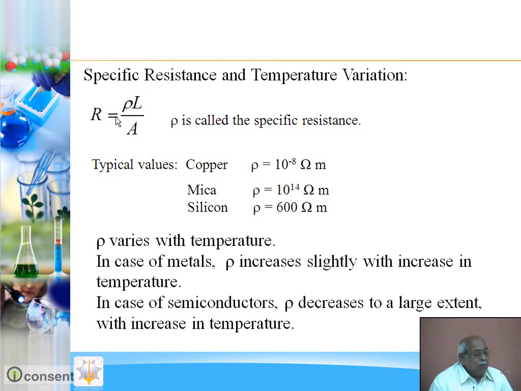Resistance R equal to some proportionality constant rho into L length upon A area of cross section. The proportionality constant rho is a property of the material. This property is called specific resistance. Other name, it is also called resistivity.